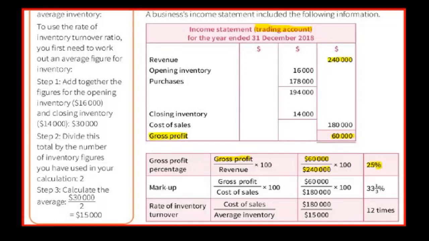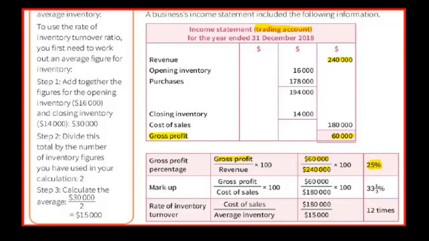How to interpret this would mean that 25% of our sales is going to be profit, but that profit is before our profit and loss expenses are catered for.